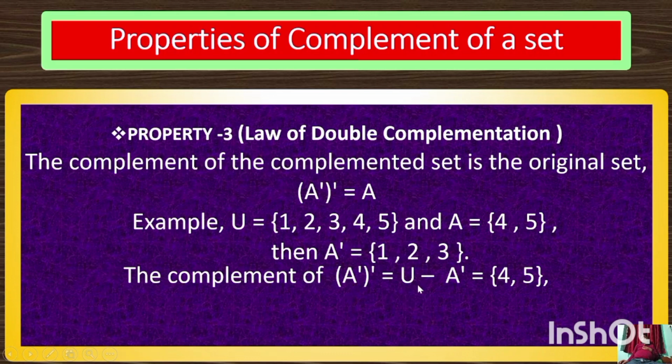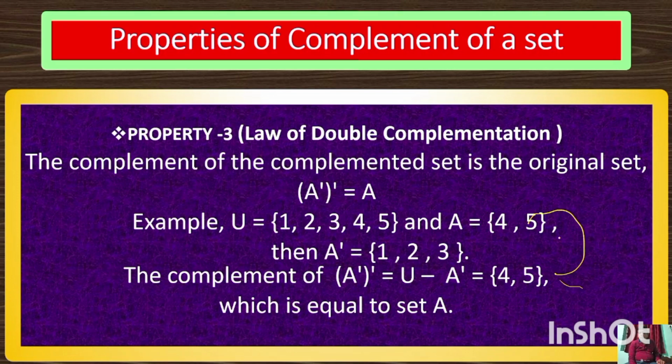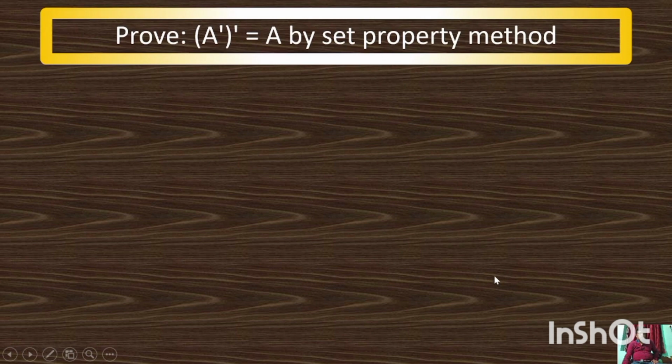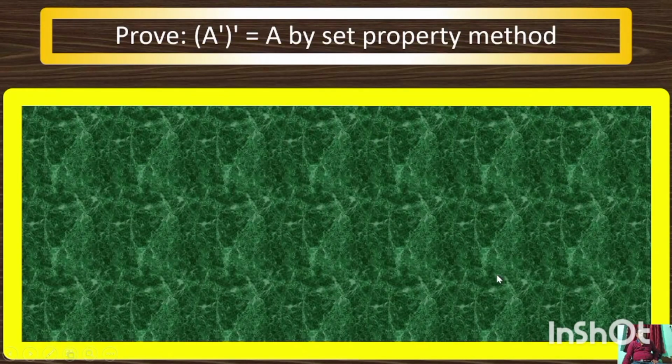Again A dash whole dash, which is U minus A dash, is 4, 5, which is equal to the set A. Clearly understand or not? See here, the elements are the same. So U difference A dash whole dash is equal to the set A. Thus we have proved A dash whole dash by the property method.